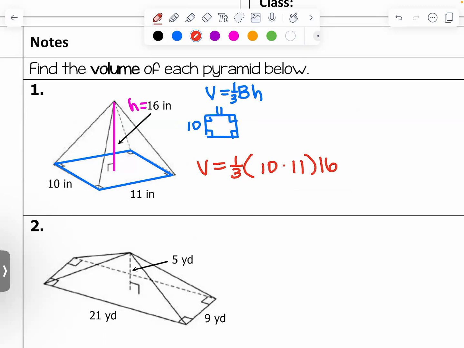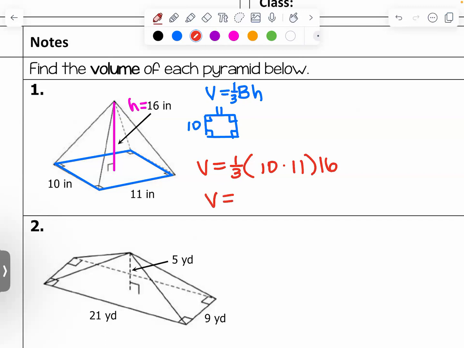We multiply by 16 because that's the height of our pyramid. And then we divide by 3. If it were me, I would say 10 times 11 times 16. And then this 1/3 is just like dividing by 3. Times 1 divided by 3.